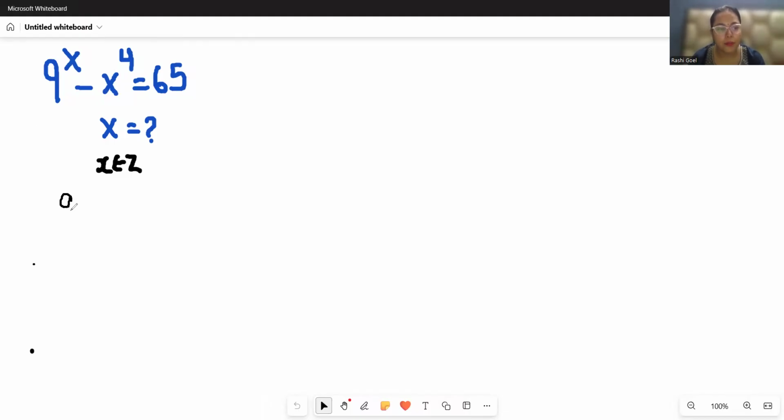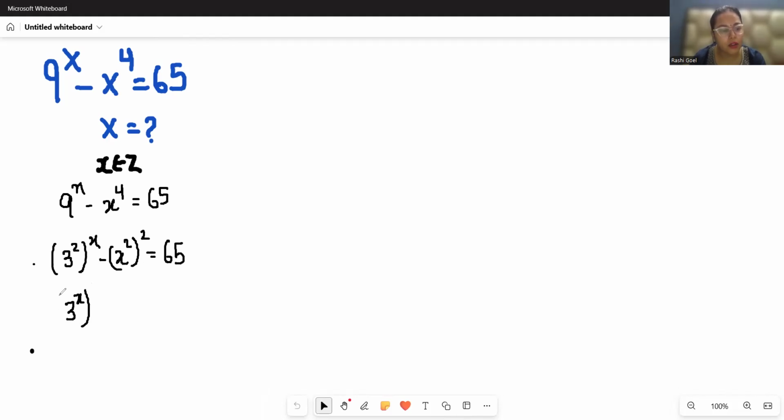Now, 9^x - x^4 = 65. 9 I can write as (3^2)^x minus (x^2)^2 equals 65. Now this I can write as (3^x)^2 - (x^2)^2 = 65.